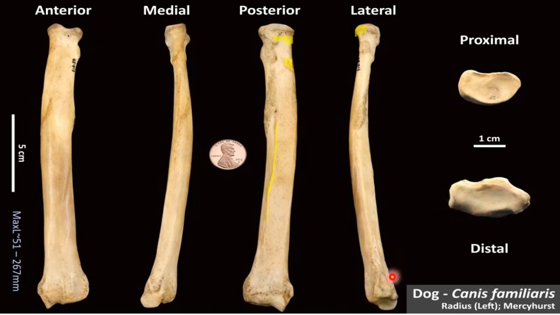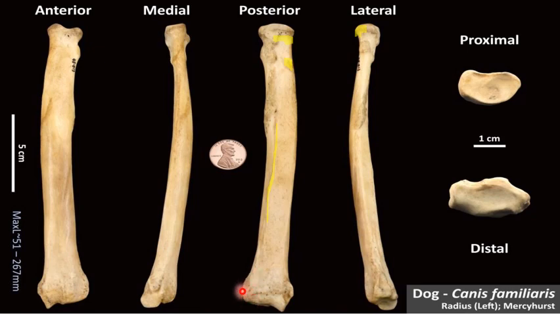Then if we see other structures at the distal extremity, then medially a styloid process is present. This is the medial border of the radius bone, and distally here we have the styloid process of radius, and laterally it contains the ulnar notch, which articulates with the ulna.